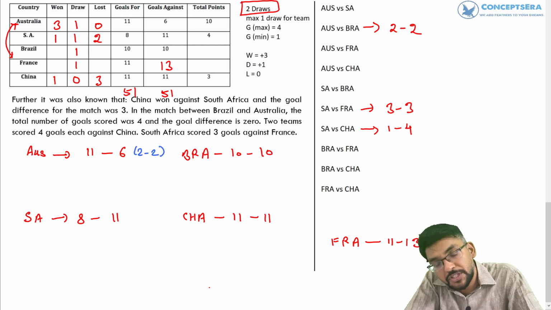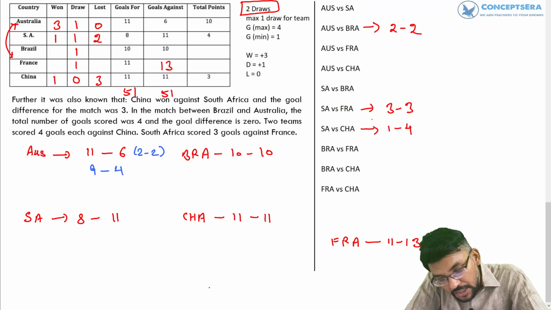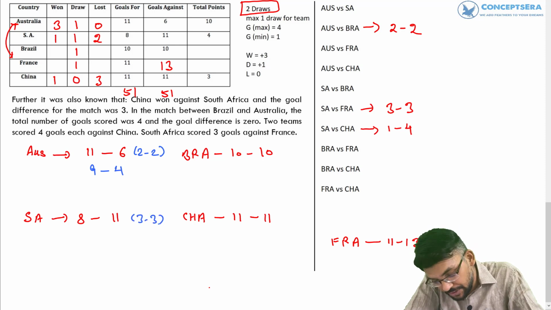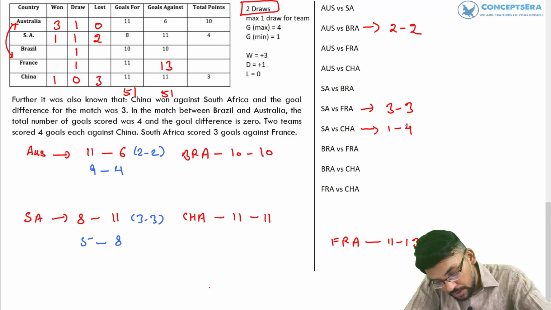When Australia and Brazil are done with 2-2, we can say the goal line which is left out here is 9-4. Further, South Africa and France are done with 3-3. When South Africa and France are done with 3-3 here, the goal line which is left out here is 5-8. China is done with 4-1 because China won here. So 4-1, the goal line of China is done with.